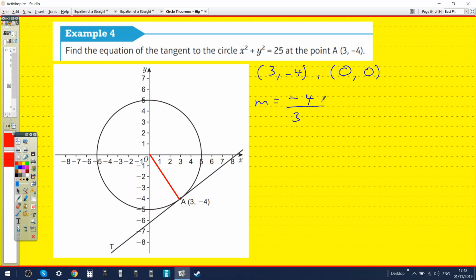Just leave it at that. Okay, what's next? Do we have to find Y and X? So now we have found the gradient, and so what do you know about the gradient of the black line?